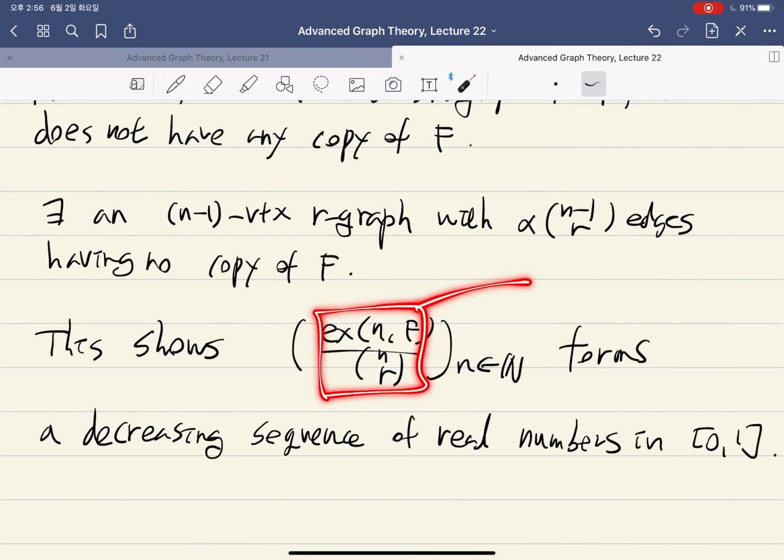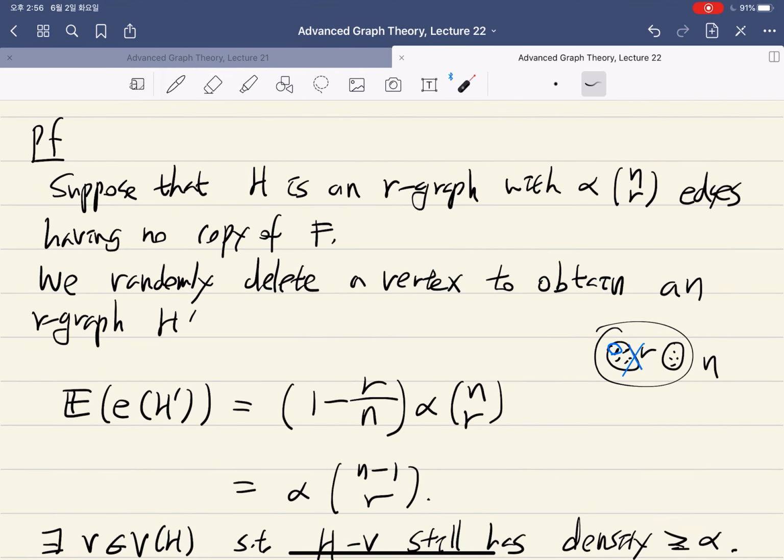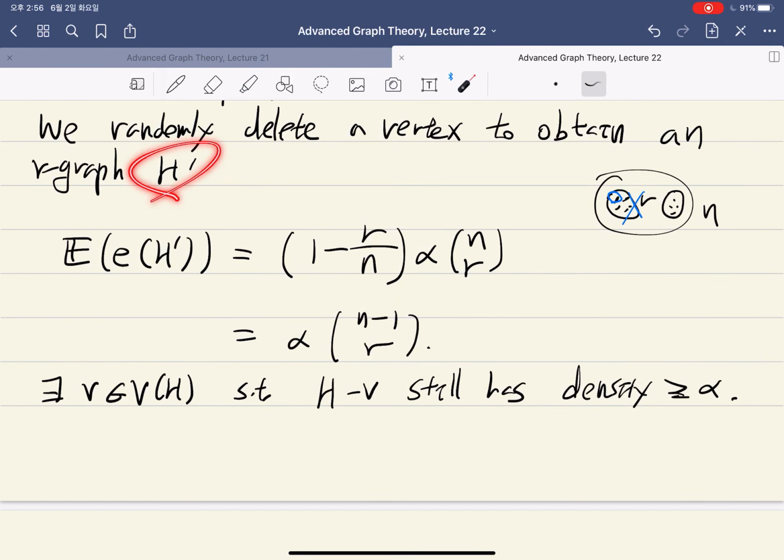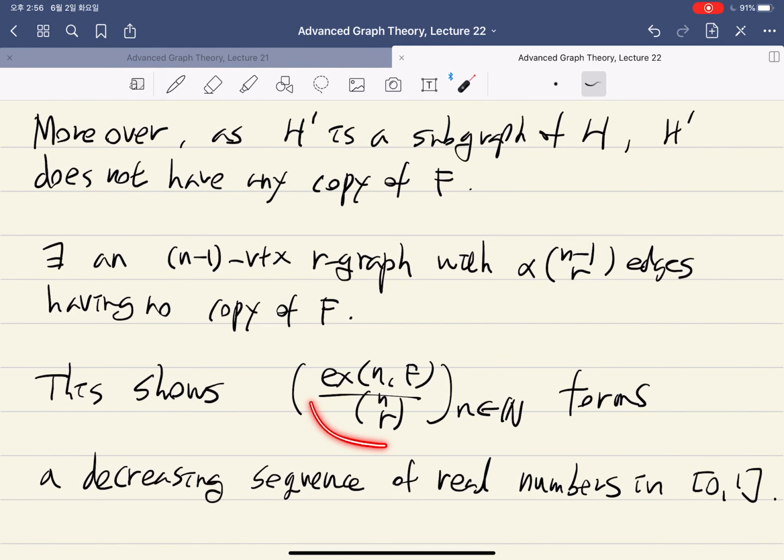If you have this alpha value for n, then you take that as an alpha and consider this H, and that shows that there is alpha prime. So in this sequence, if you compare the nth value and the n minus 1th value, the n minus 1th value is as large as the nth value.